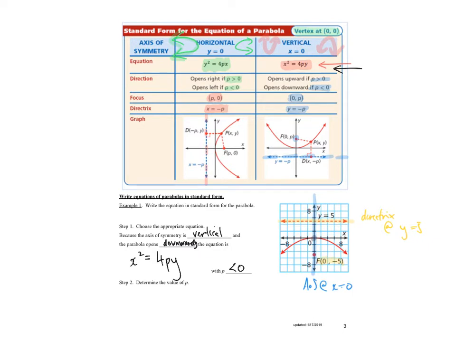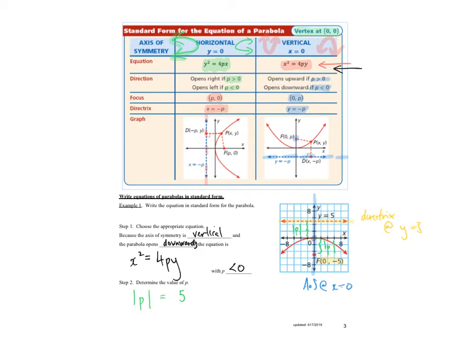We now need to figure out what p is. Well, remember, in absolute value, p is the distance from the vertex out to the directrix, which should also be the same as the distance from the vertex out to the focus. I can see both of those distances are 5 from the diagram.